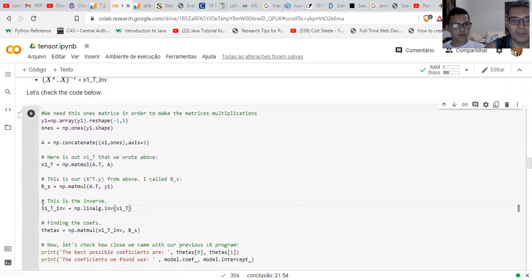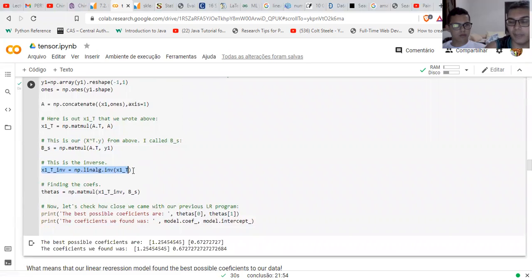And we take the inverse of it. That is also pretty easy in Python and NumPy. We have to use inv for inverse. Yes, it's a function of linear algebra.